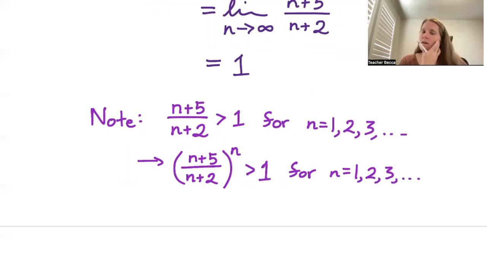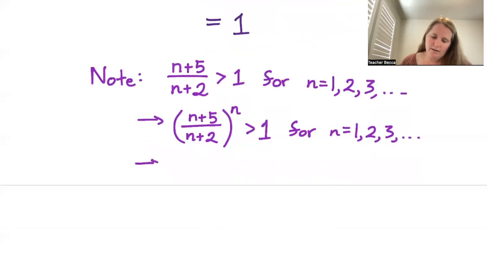Okay. So what that means then is that our a sub n are all trapped above 1.